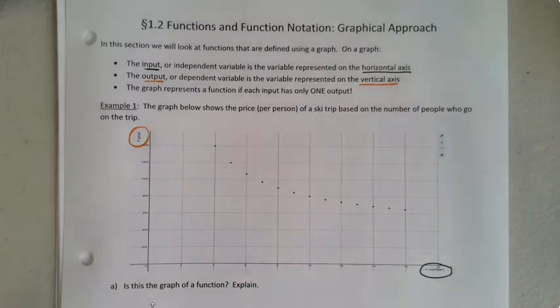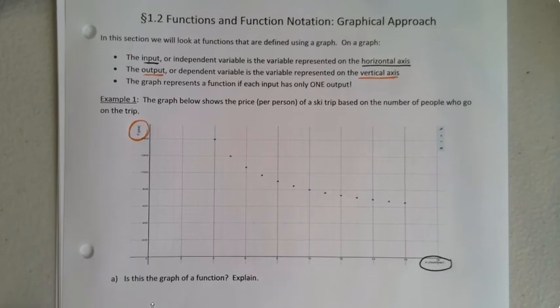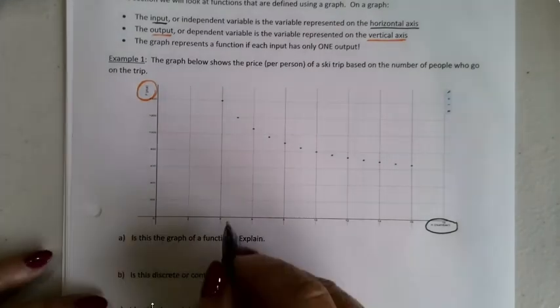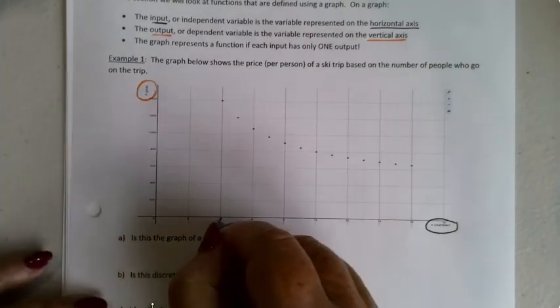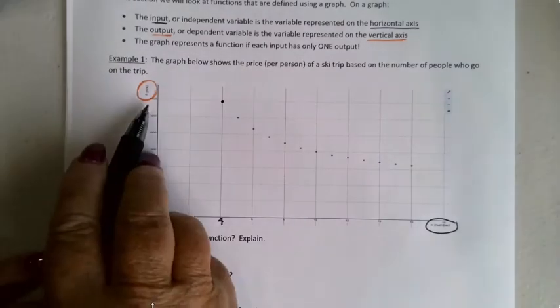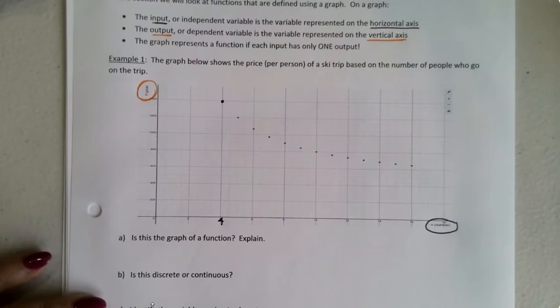Keep in mind, again, a graph represents a function if each input has only one output. So let's look at our little ski trip graph here. And the first question is, is this the graph of a function? And let's see, I'm going to say yes. Every input, for example, here when the input is 4, the output looks like it's 1400.